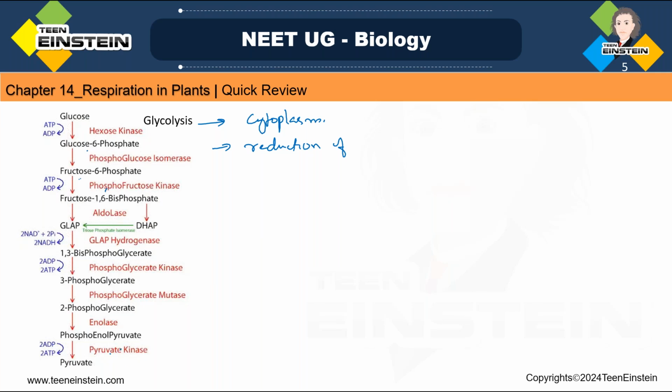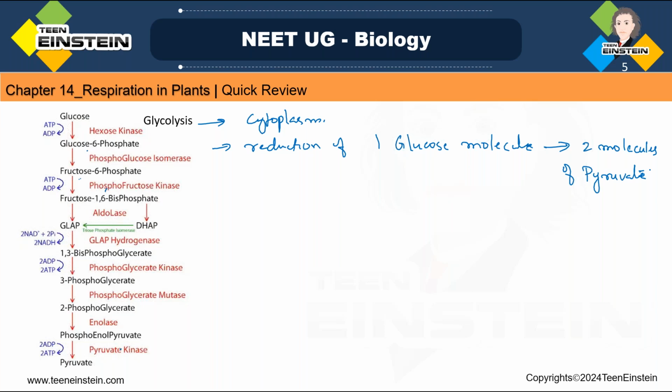All these steps start from one glucose molecule and finally form 2 molecules of pyruvate.